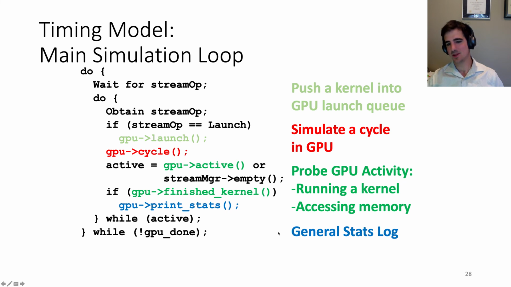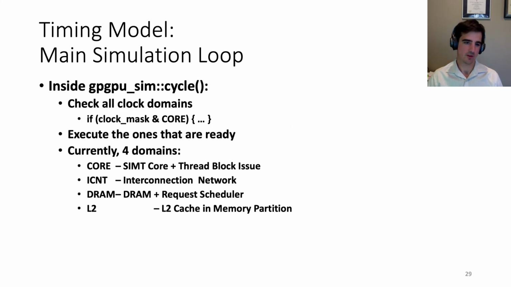That's why, if we still have memory accesses in flight, the kernel isn't yet done, to make sure we finish off all of our stores. Then whenever the kernel actually finishes, we will print all the statistics, which is this giant dump that you'll notice from GPGPU-Sim, with all of the various things it recorded from the GPU simulation.